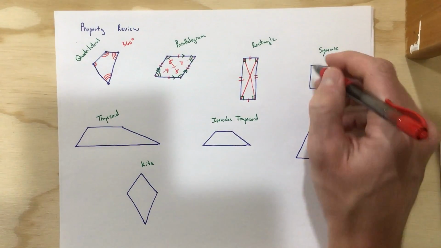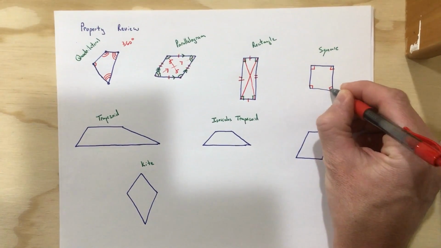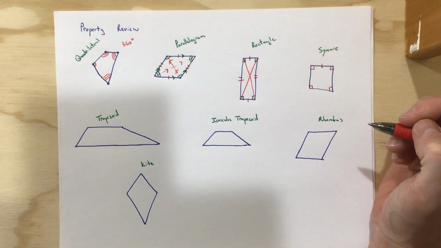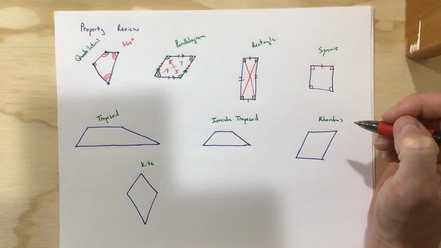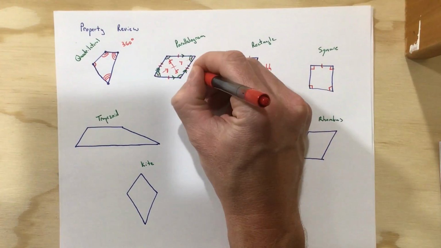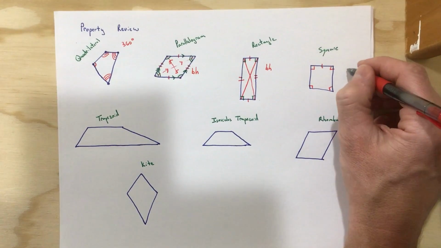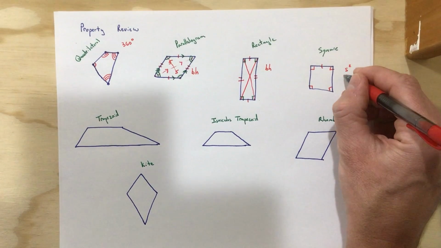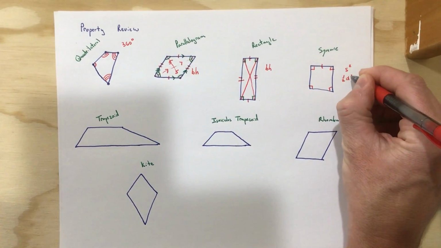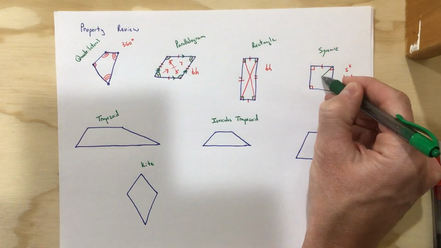A square just adds one layer. Certainly they're all 90 degrees, and then all the sides are the same. We add the fact that here the area is base times height, or length times width. Here it's base times height. Since the base and the height are the same, a lot of people just say side squared, but it's also 1/2 of the diagonal squared. Now here, we add another property of the diagonals.